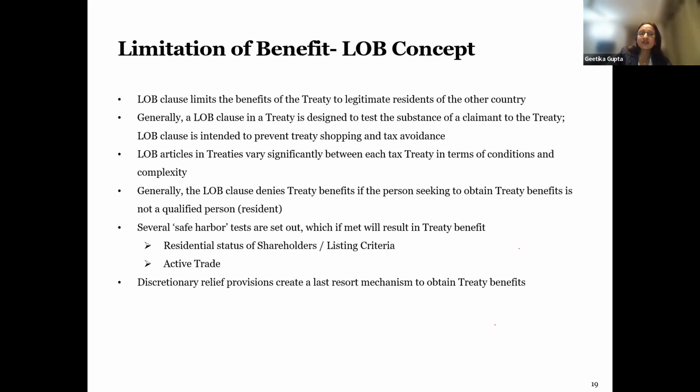In addition, there is also an LOB clause, as Sachin mentioned, that you need to satisfy that a certain amount of expenditure has been incurred by the Singapore entity. The basic objective is that it's not a sham entity and not just trying to obtain the treaty benefits. Thank you.